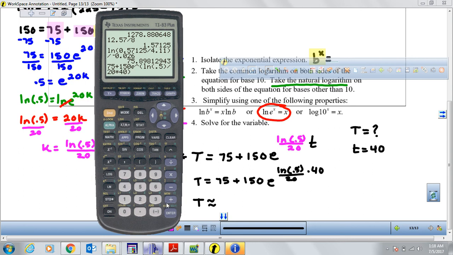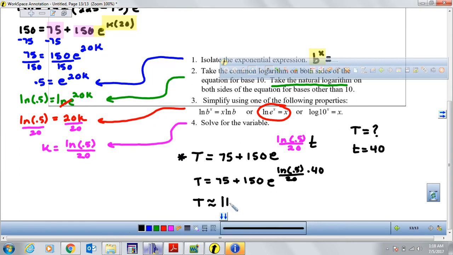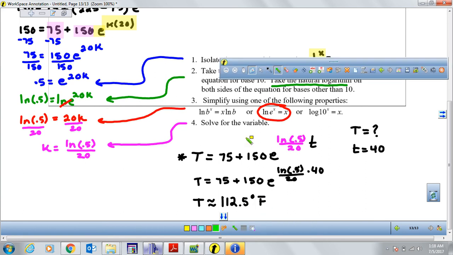That gives us 112.5. I don't think we need to round, because it's only one decimal. So the temperature of the cake after 40 minutes is going to go down from 225 to 112.5 degrees Fahrenheit.